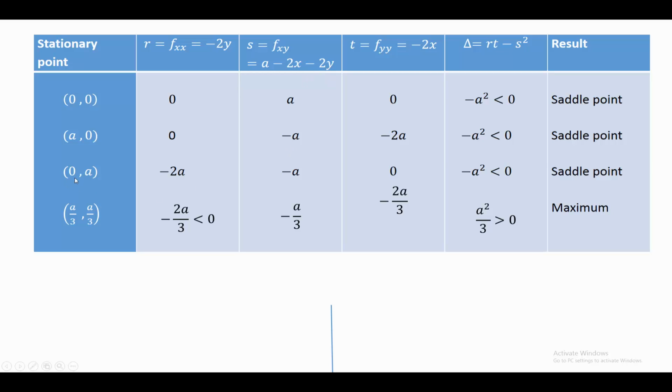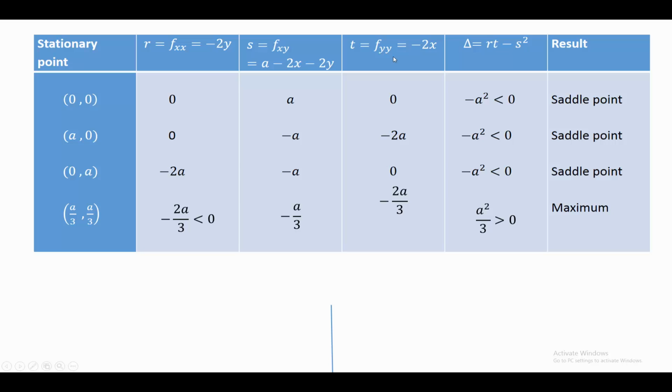At (0, a), x is 0, y is a, so a minus 0 minus 2a becomes minus a. Now put x is a by 3, y is a by 3: a minus 2a by 3 minus 2a by 3. After simplification we get minus a by 3.